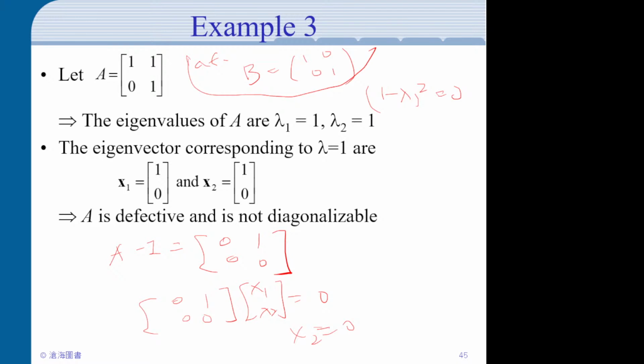Whereas if you have B like this, then B minus I is equal to 0, 0, 0, 0, and everything is an eigenvector. So this off-diagonal entry is annoying. It makes your matrix defective, so it only has one linearly independent eigenvector, and because of that, this matrix is not diagonalizable.